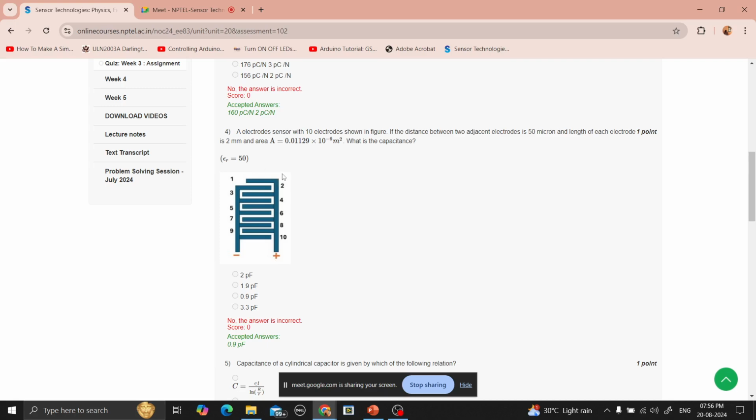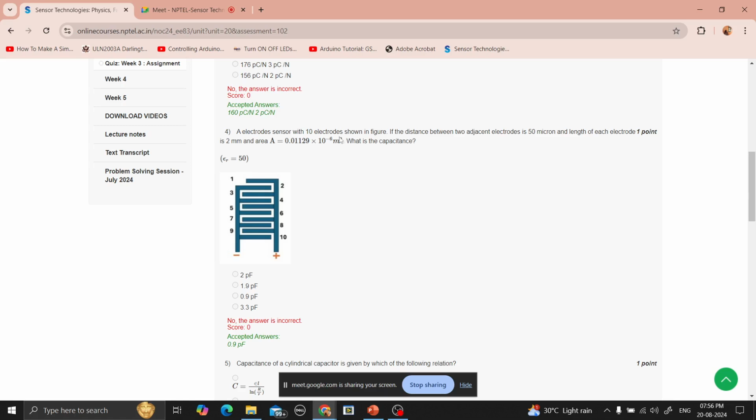Now for one of the capacitances, say between electrodes 1 and 2, you can calculate the capacitance using the formula for a parallel plate capacitor, C is equal to epsilon A by D. The distance D is given as 50 micron, and the length and area are given.